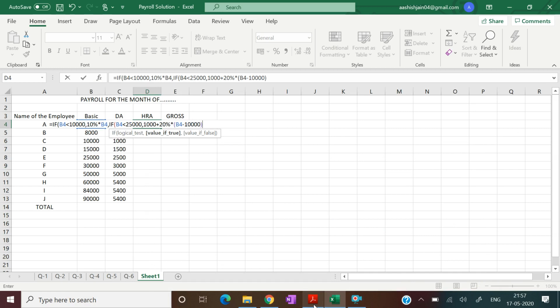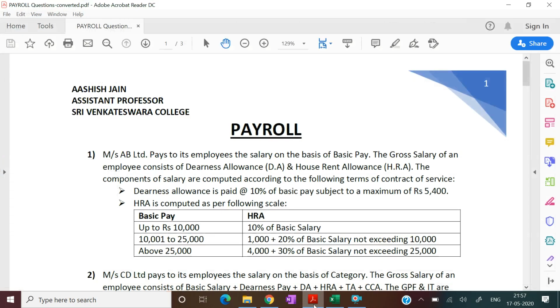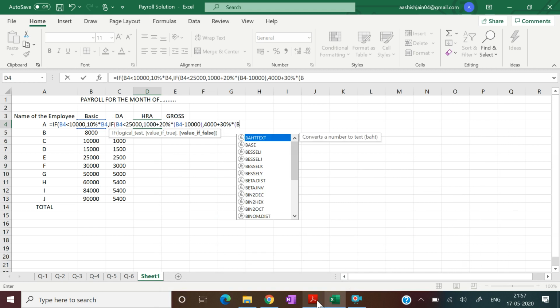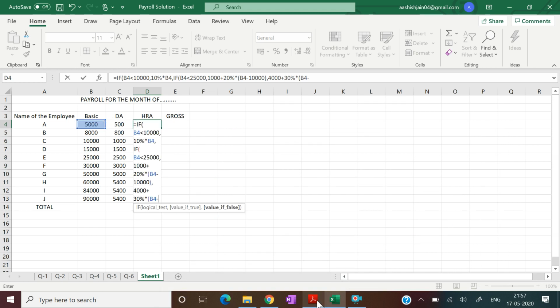Bracket close. Otherwise, that means if basic salary exceeds rupees 25,000, then what happens? Then HRA would be 4,000 plus 30% of basic salary, not exceeding rupees 25,000. So 4,000 plus 30% of basic salary, which is B4, minus 25,000. Bracket close.